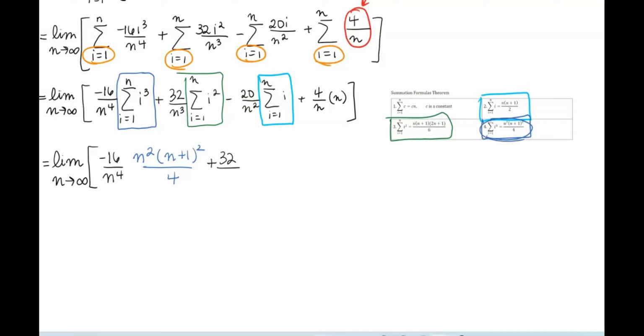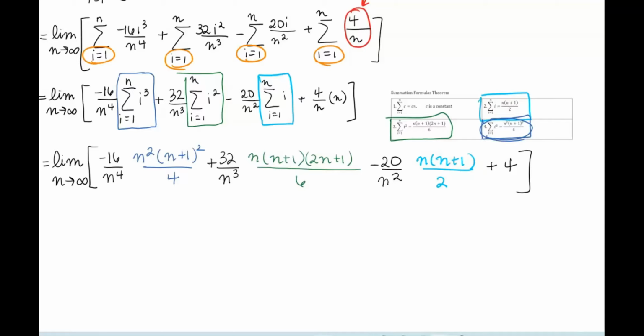And then we're adding 32 over n cubed, and that's multiplied by the sum of I squared, which is n times n plus 1 times 2n plus 1 all over 6. And then we have a -20 over n squared. That's multiplied by the sum of I, which is n times n plus 1 all over 2. And then at the end, we're still adding 4.